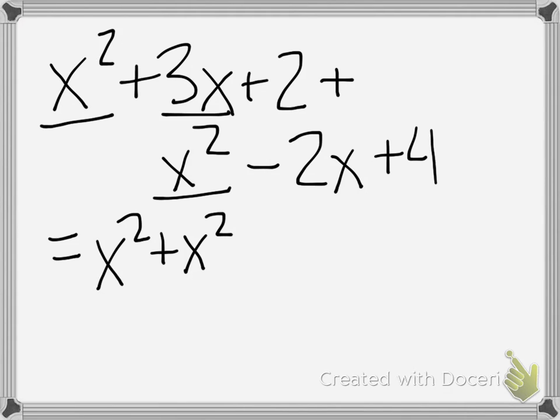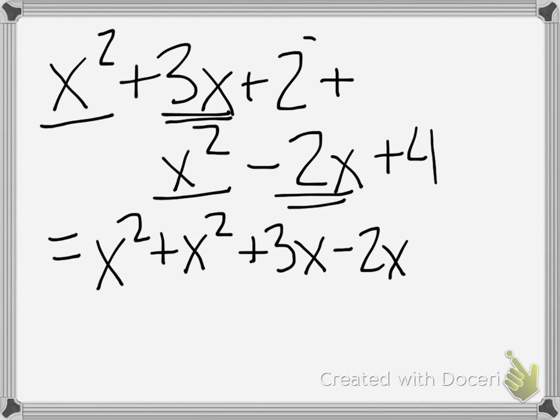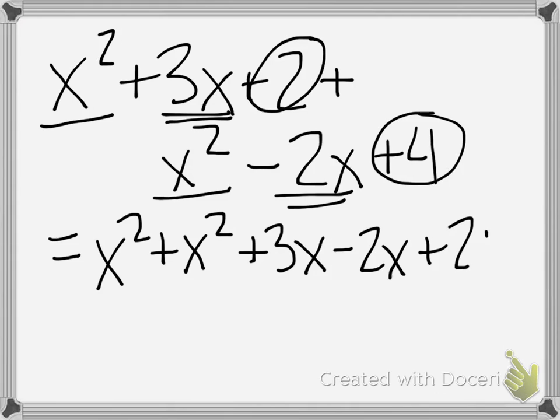I have two x terms here and here. I'll put those together. Plus 3x minus 2x. And two constant terms, here and here. Plus 2, plus 4.